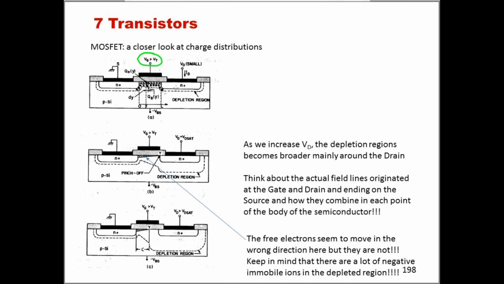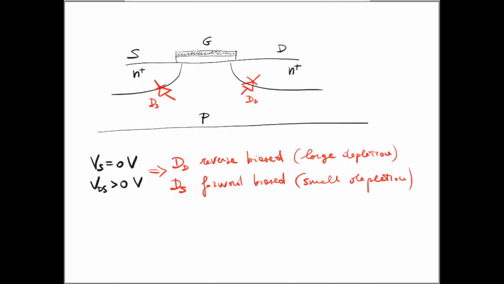Before I continue on this point, in order to do this properly, we should remember that in the semiconductor that represents the substrate that also contains the source and the drain regions, effectively we have two p-n junctions.